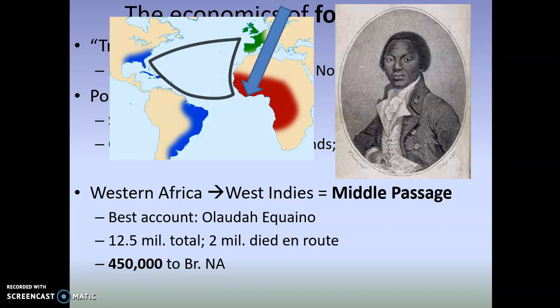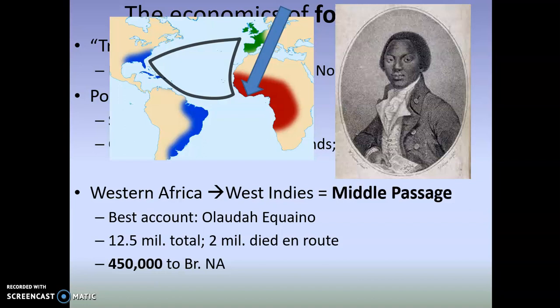And you get a look at some of the numbers. It's hard to get an accurate gauge, but we believe about 12.5 million in total were forced from West Africa to the Western Hemisphere. About 2 million didn't make it. Like 2 million died on the voyage over. And only about 450,000 went to what became the United States.